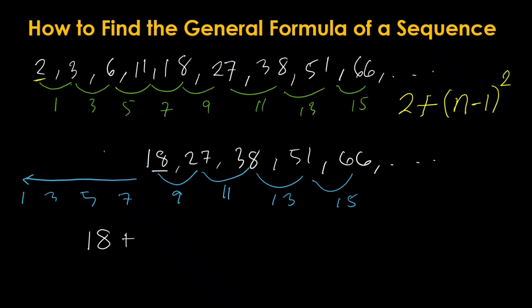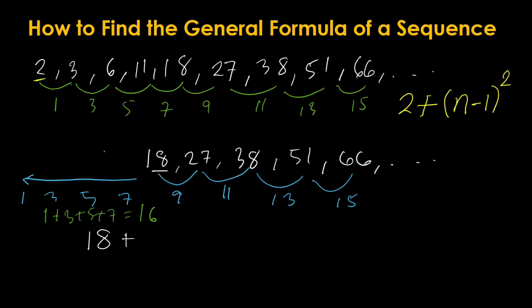So what is that sum? This sum is, okay, 1 plus 3 plus 5 plus 7. The sum is 10, 16. That's 16.